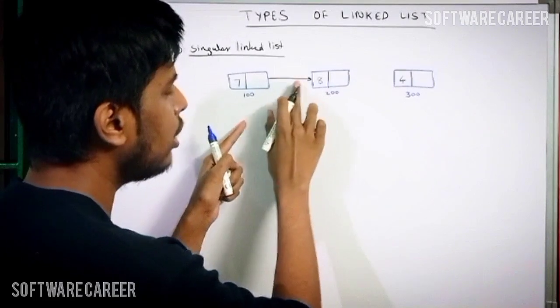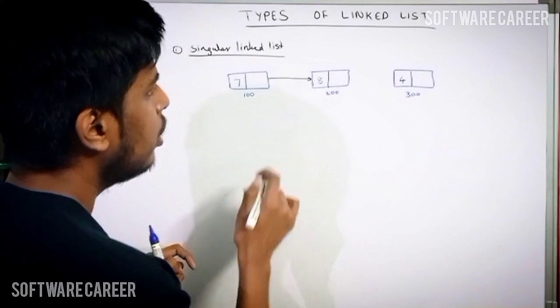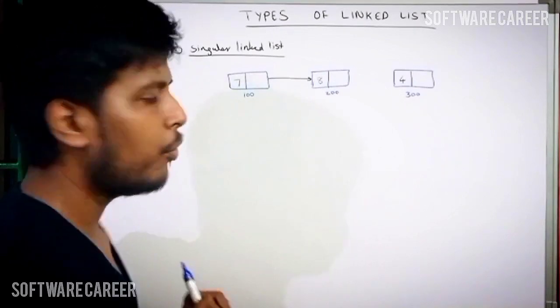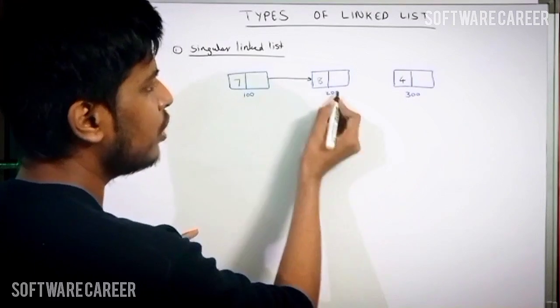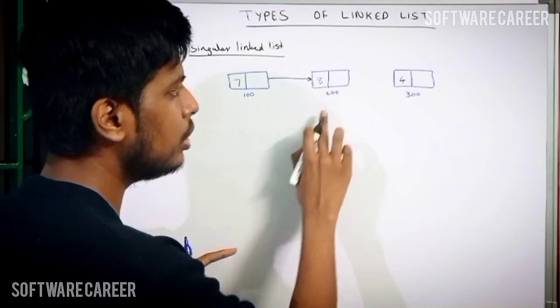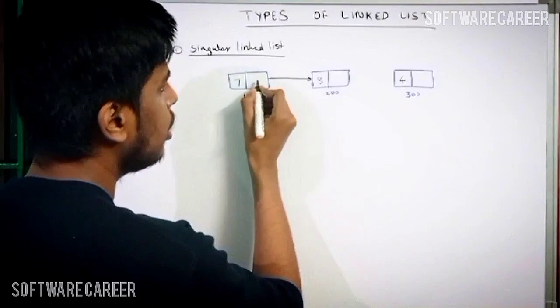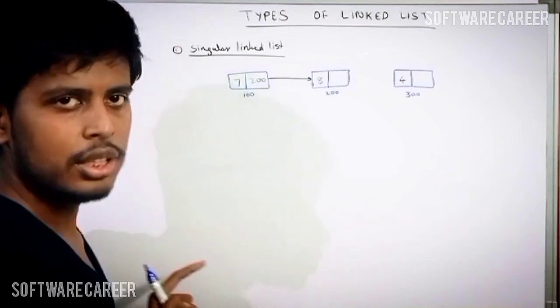So now if you create a link, see this is first node, this is second node. You can find. So how to create this link? For that you have a pointer. This pointer stores the address of next node. See the address of second node is 200. So I can store the address of this node, that is 200, over here.